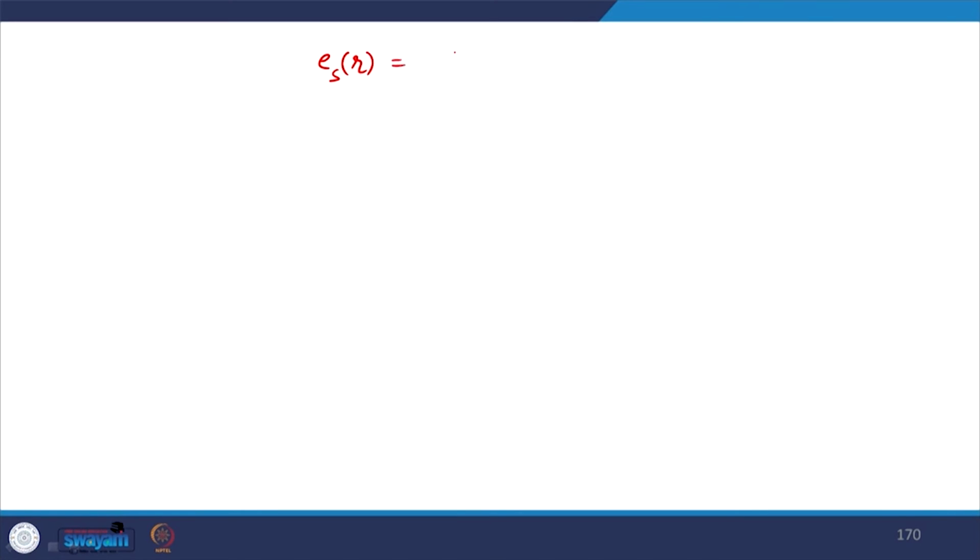So, Es of R, with a positive radius of curvature, is the saturation vapor pressure over the droplet, equal to Es of infinity over a plane surface of water times exponential of 2 sigma by R rho L Rv T.